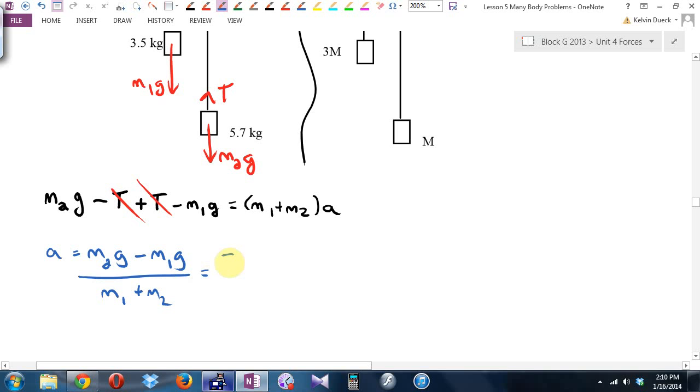M2, M1, all over M1 and M2, although I wrote M2 plus M1, but still.